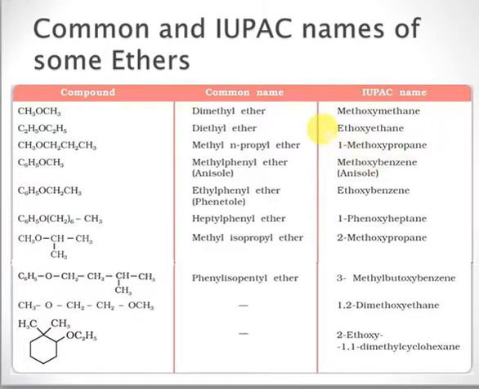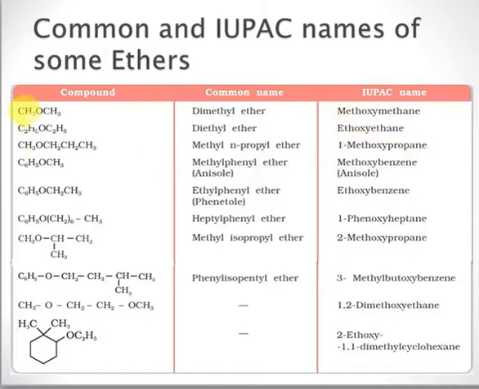In case of the IUPAC name, we use the term alkoxy first and then alkane. IUPAC treats ethers as alkoxy alkanes. So the first part will be alkoxy and the next part will be the alkane. It's a convention that the smaller part becomes alkoxy and the larger part becomes the alkane.